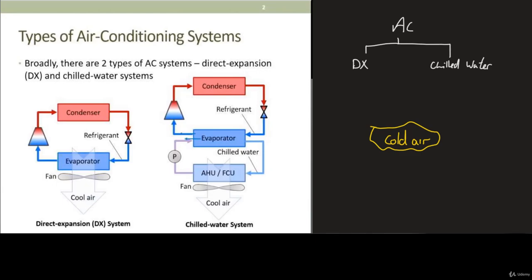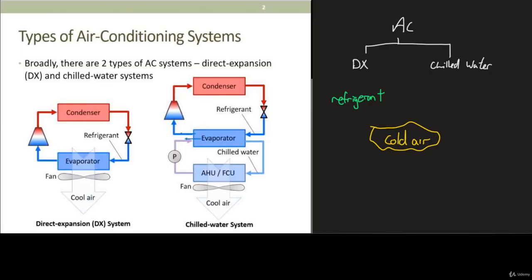For a DX system, the cooling agent is actually the refrigerant. The refrigerant is the one that will remove heat from the air. And of course, the most common type of DX system can be found at home. All the domestic kind of air conditioning system is actually DX system.